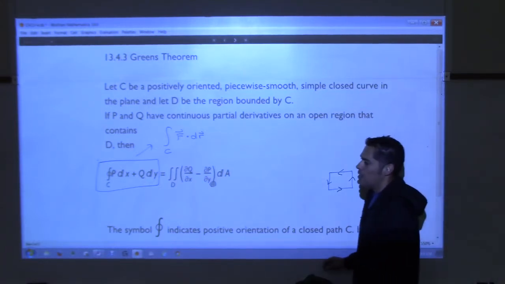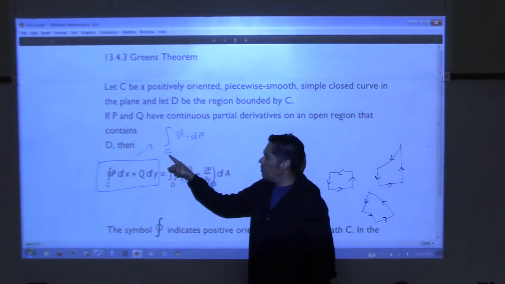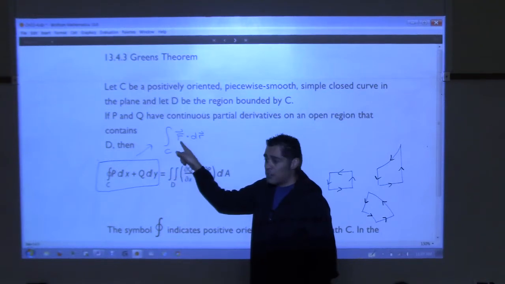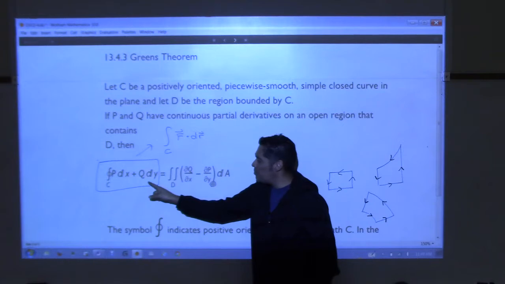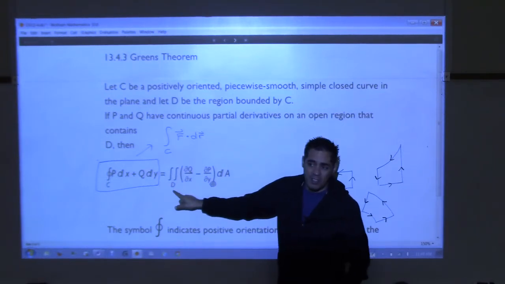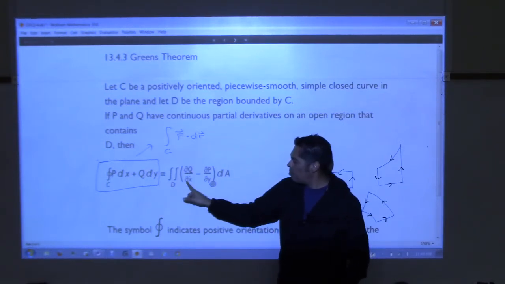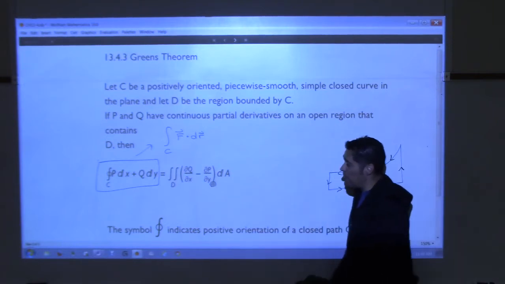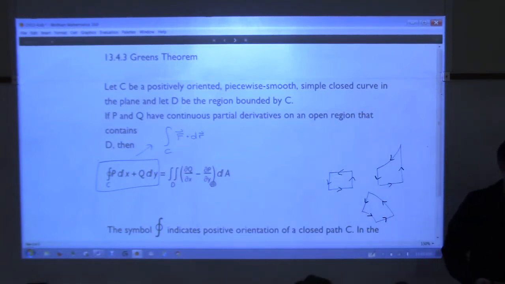This work integral along the curve C over the vector field is equal to the double integral over the region D of the partial of Q with respect to x minus the partial of P with respect to y, with respect to area.